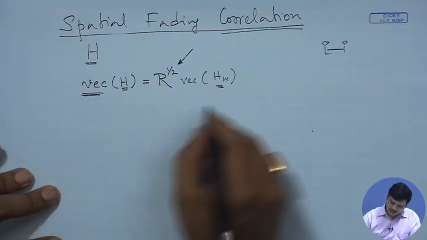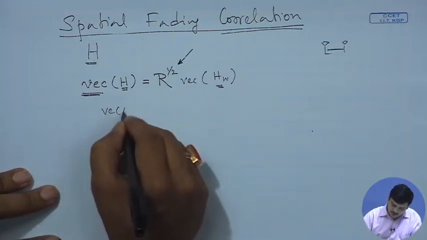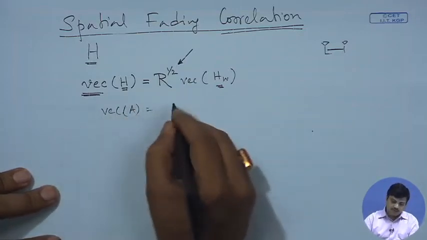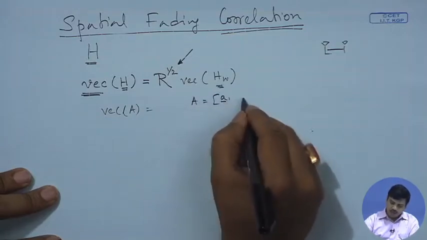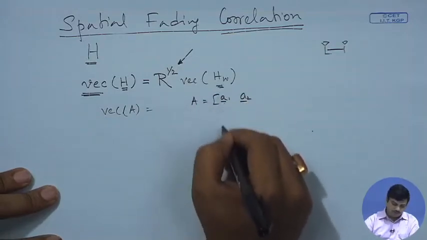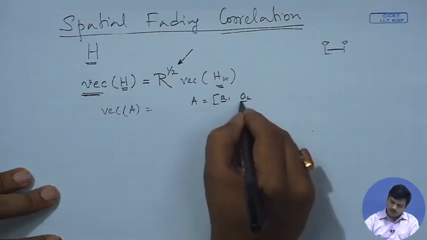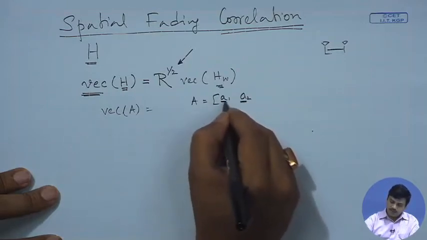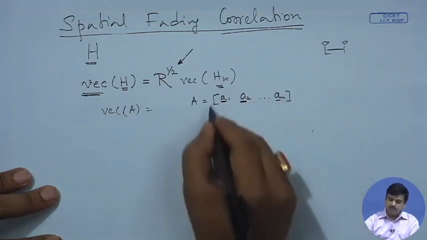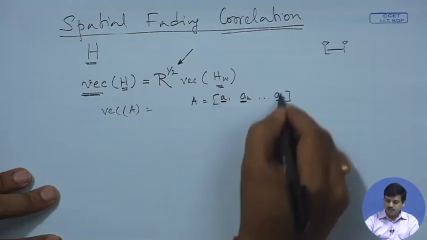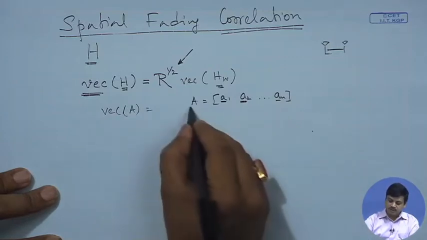The vec operation basically stacks the columns of A. So, suppose vec of A is what we are interested in, and A is equal to A1, A2, up to An, where this is a column, this is a column, I put an underscore indicating it is a vector. So, this is a matrix, and these are all column vectors.